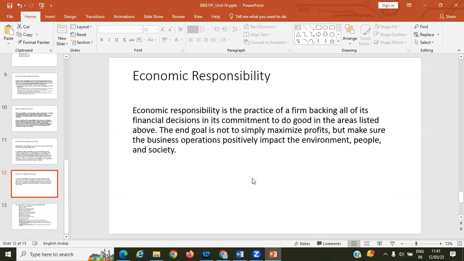You are increasing your company status, also increasing the status of the people who are working in the organization. So this is one responsibility, how we are increasing the economy of the company and the economy of the country, the economy of the people. So everyone is benefited. So these are the different CSR, different social responsibilities of the organization.